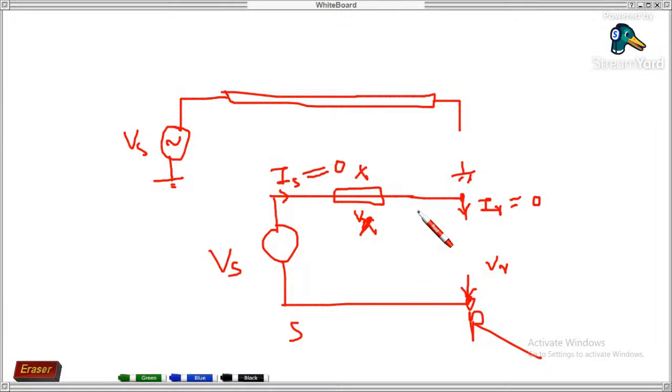Okay, ठीक है. Now I will prove you. From this diagram at least, you can say Vs is equal to Vr, if I assume this Vx is very small, I'll say approximately equal to Vr. Okay. First thing. Second thing, you said IR equal to 0.